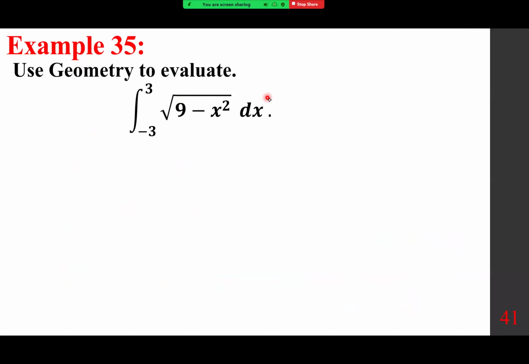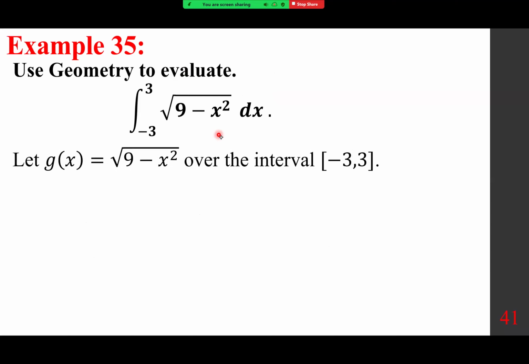There is a way to do this in calculus too, but when we do this by geometry, we're going to do this by the concept of an area. So here's your function, square root of 9 minus x squared, on the interval of -3 to 3.